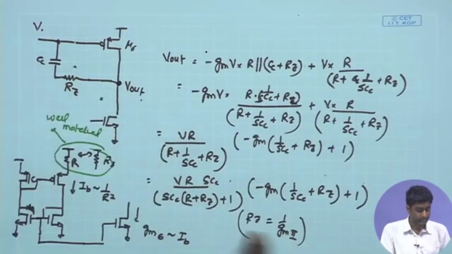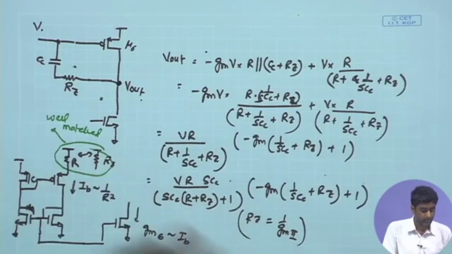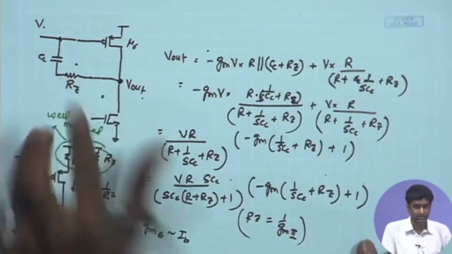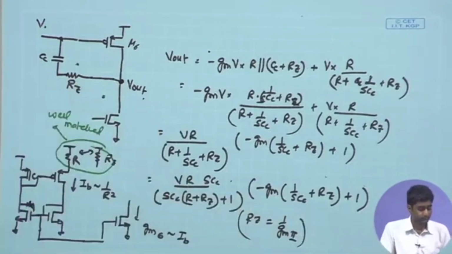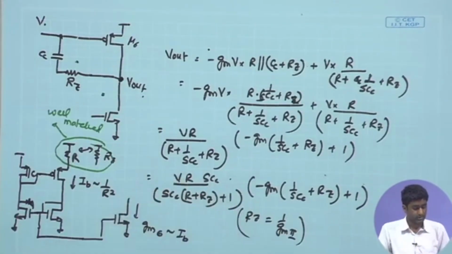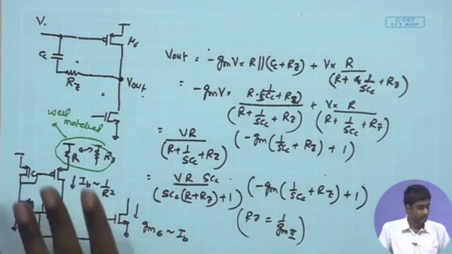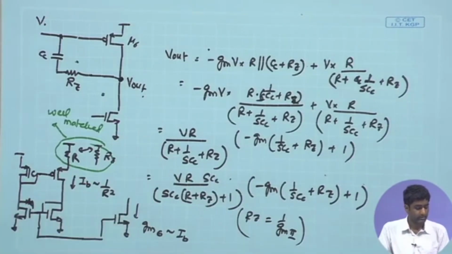Through that, this cancellation can be made effective over a wide range of temperature and process variations, and we can ensure that the overall zero cancellation is achieved across process variation.